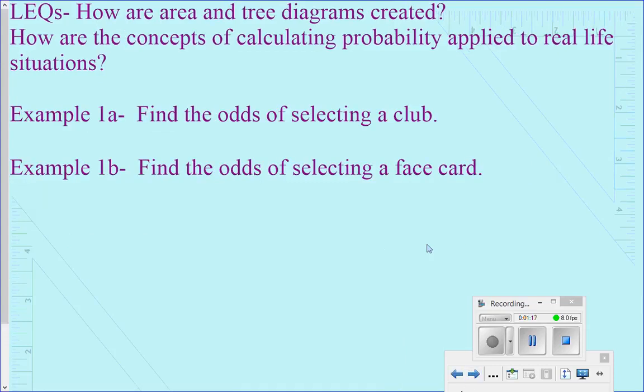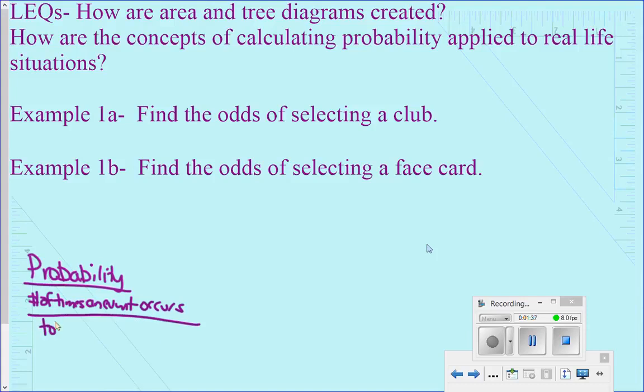So we just did probability, and we know that probability is defined as the number of times an event occurs divided by the total number of events.